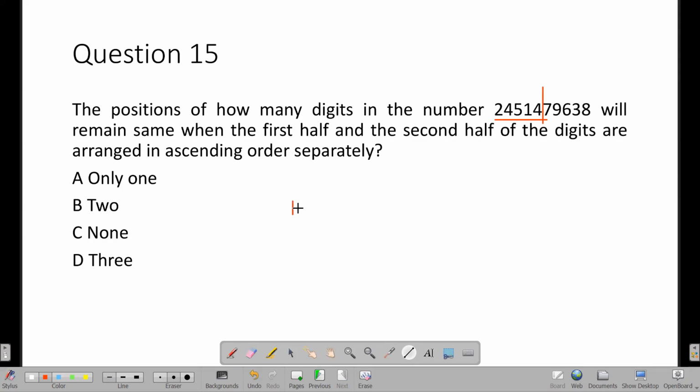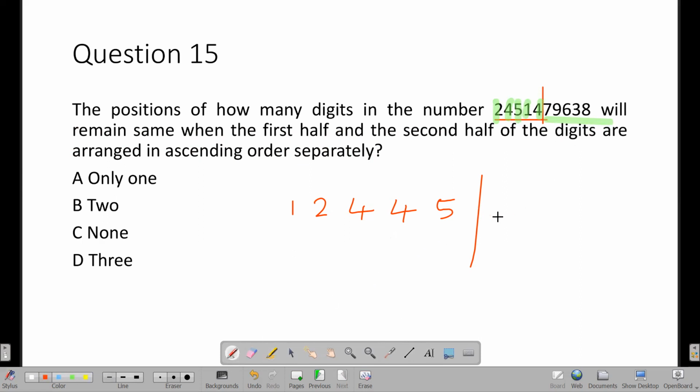So it will come as 1, then 2, then 4 and 4, and then 5. Then you have 7, 9, 6, 3, 8. Arrange them in the ascending order.